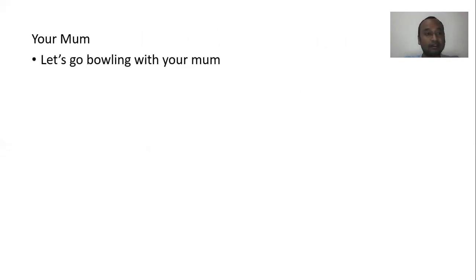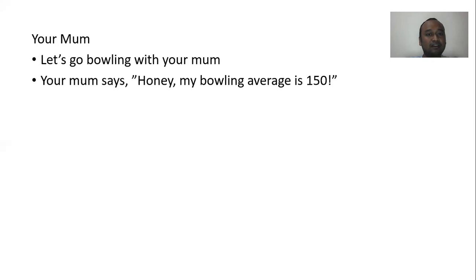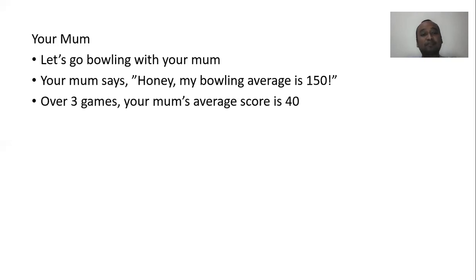Let's say we change the subject a little bit. The person who asks you to go bowling is your mom. Your mom asks you to join her for bowling, and your mom says, honey, my bowling average is 150. And you play with your mom and you find a similar situation to Simon over 3 games. Your mom's average score is 40.